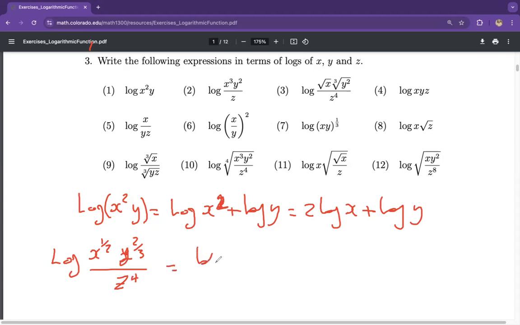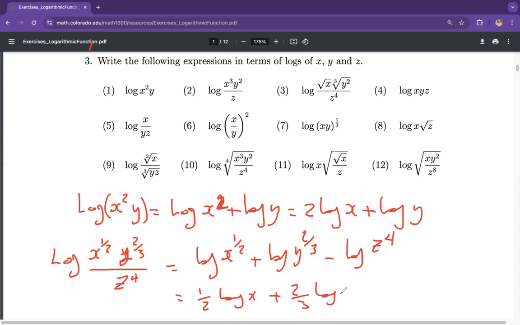And now this becomes log x to the half plus log y to the 2/3 minus log base 10 of z to the power of 4. So I just expanded this, and this on the bottom means it's minusing. Now this will give you half log x plus 2/3 log y minus 4 log z, and that's how far they want you to go.